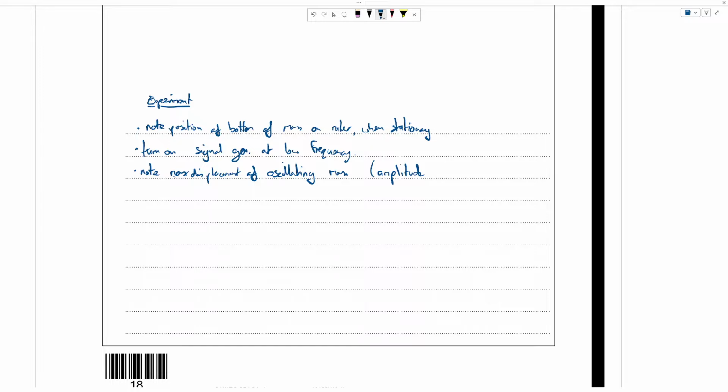Then we'll change the frequency. Note amplitude again. And we'll repeat that process for a wide range of frequencies.